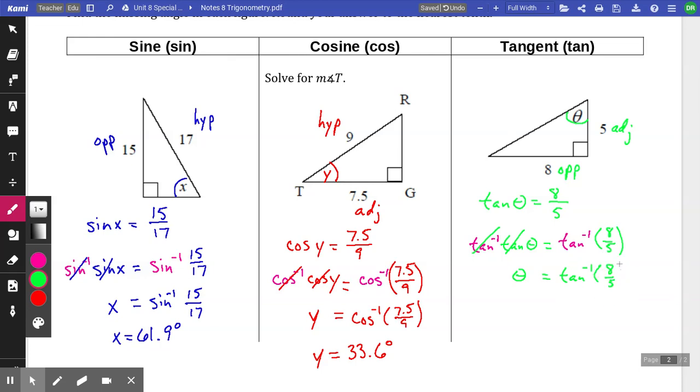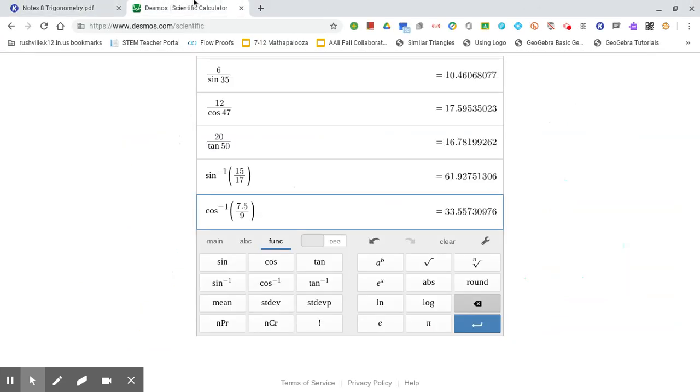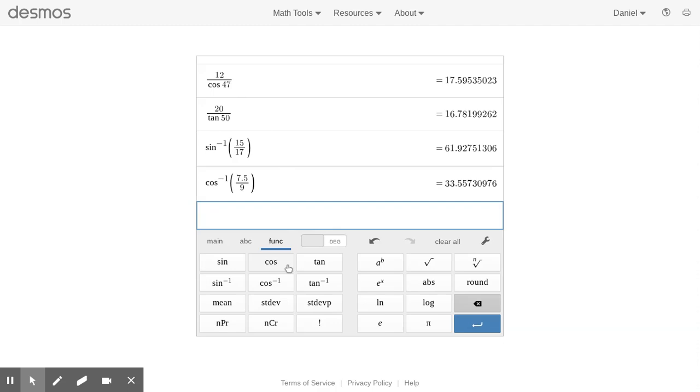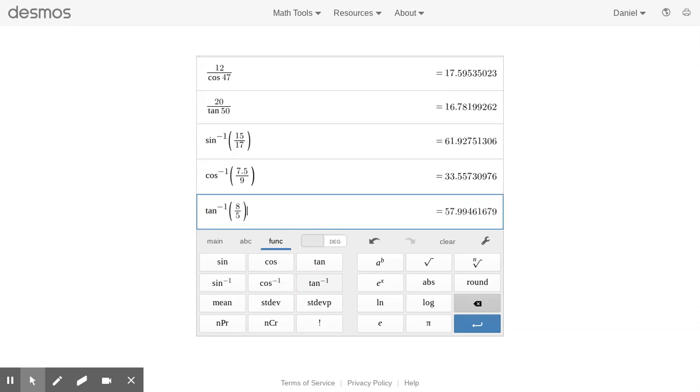But again, that doesn't mean much to us. And so we go get that decimal approximation. Arctangent of 8 over 5 we see is 57.99, which would make us round up, which is going to take us straight to 58.0.